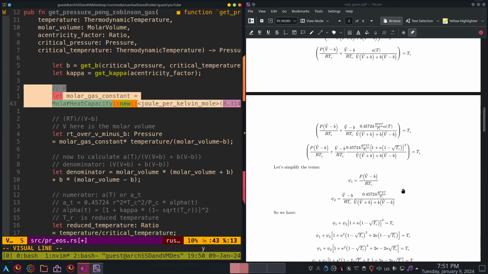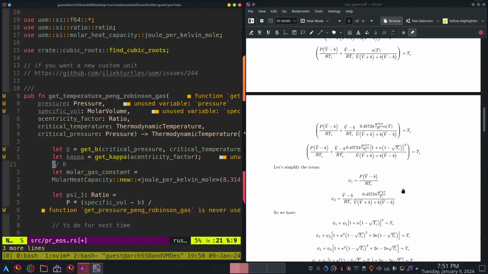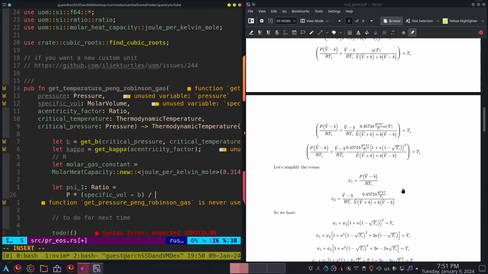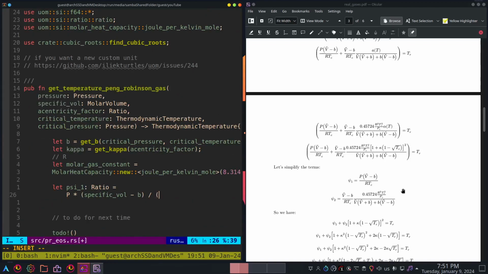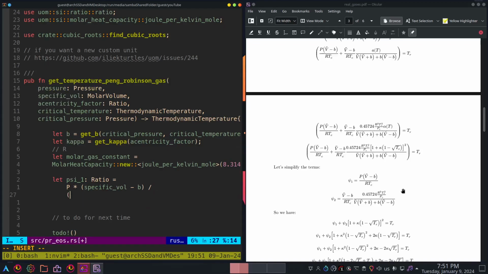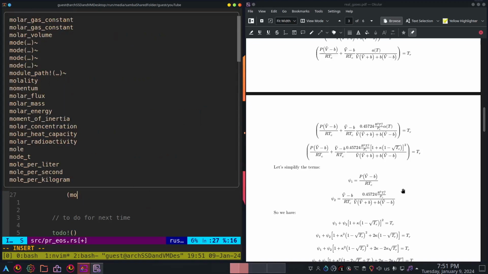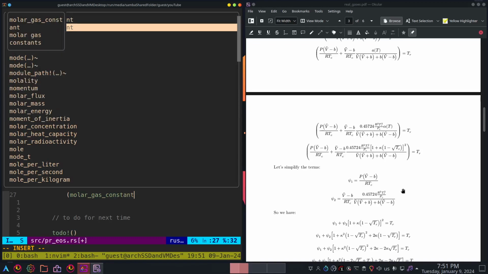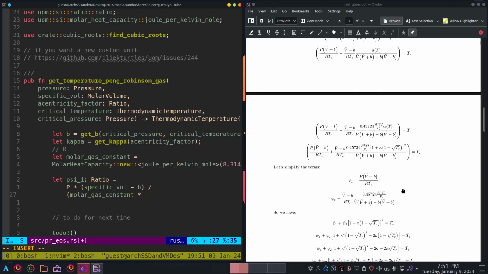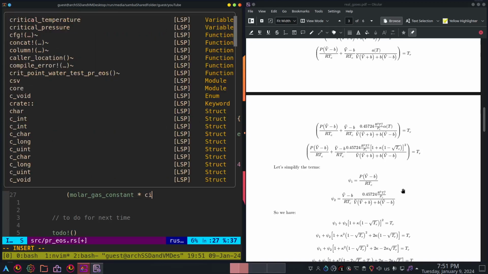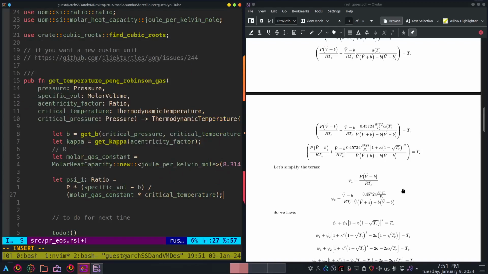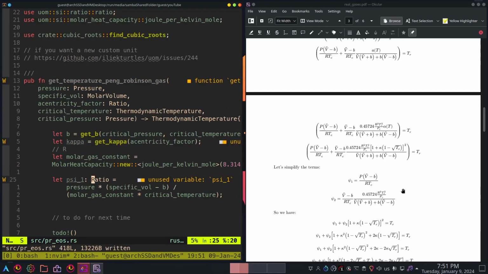I need to copy and paste this over. Divide by R, molar gas constant, times TC, critical temperature. Okay, P is pressure.